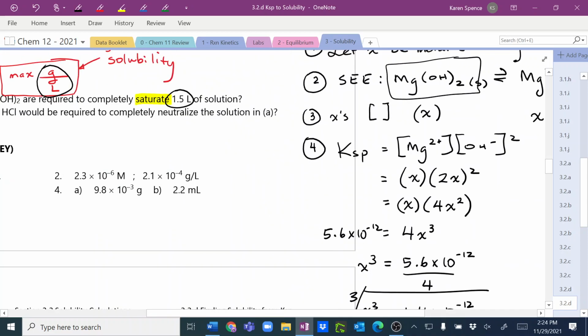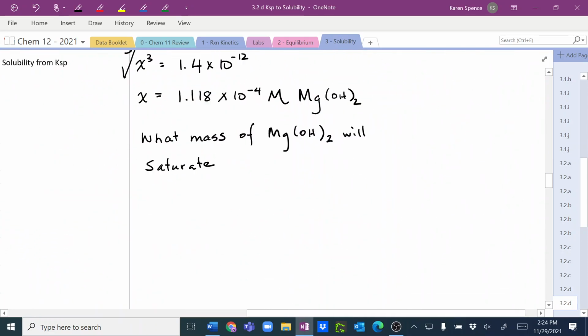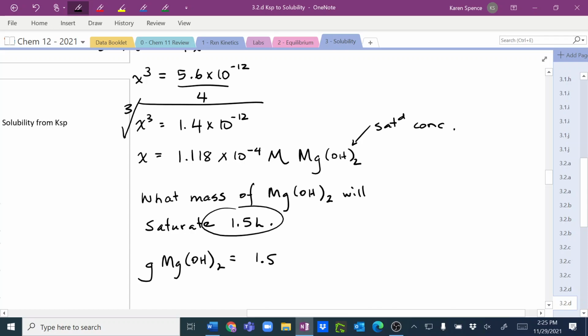Was it 150 mils? 1.5 liters. I was close, only up by a power of 10. Well, this is our saturated concentration, yes? So if we want to find the grams of MgOH2, why don't we start with this 1.5 liters?